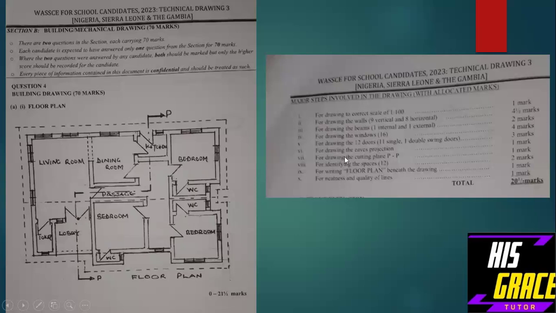Then for the one double swing door, we have it here. For drawing that, 3 marks will be awarded to you.